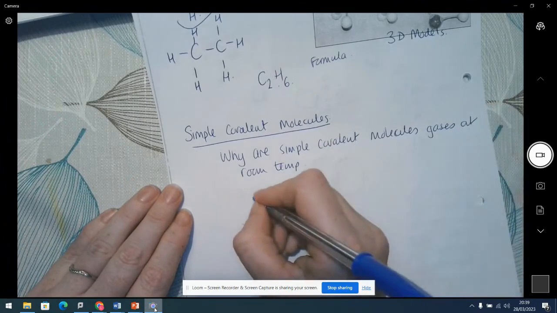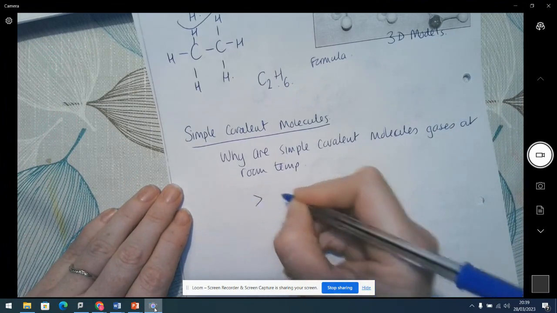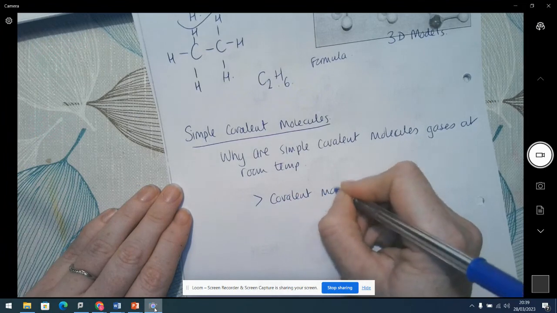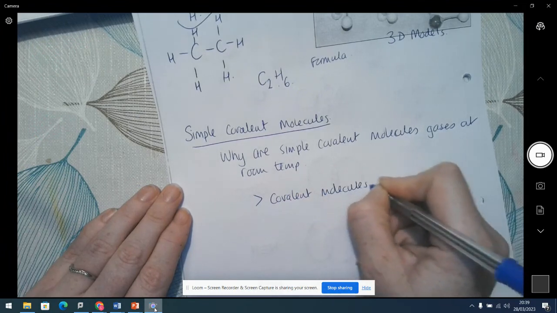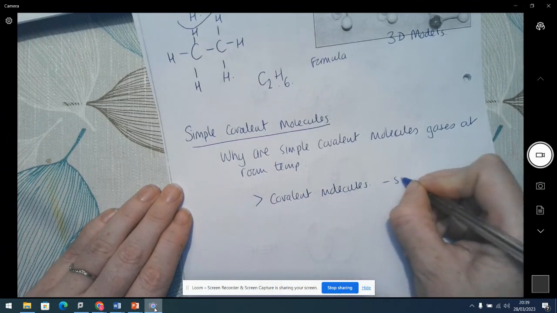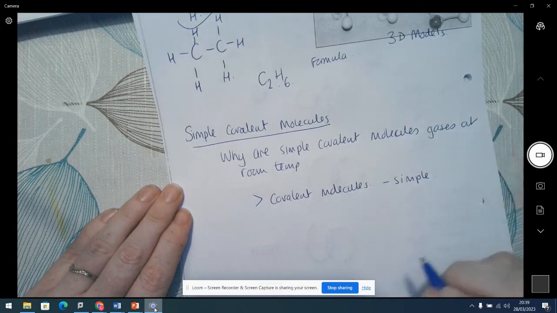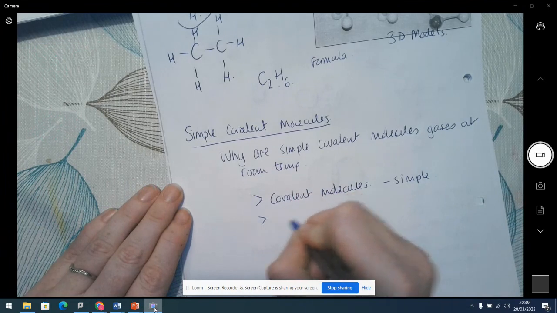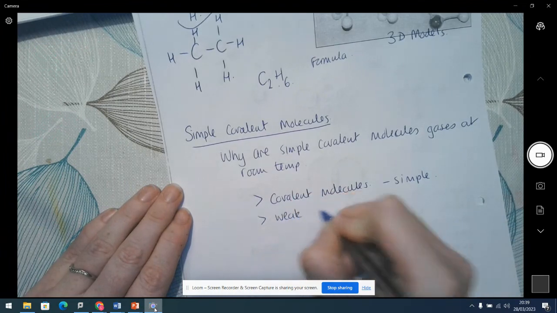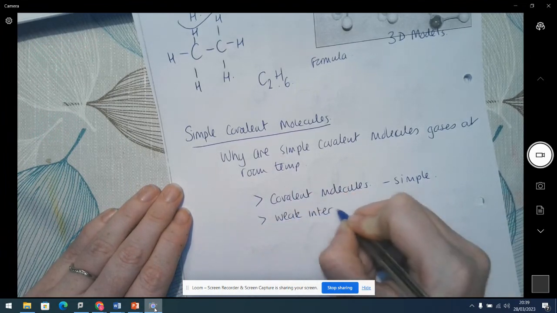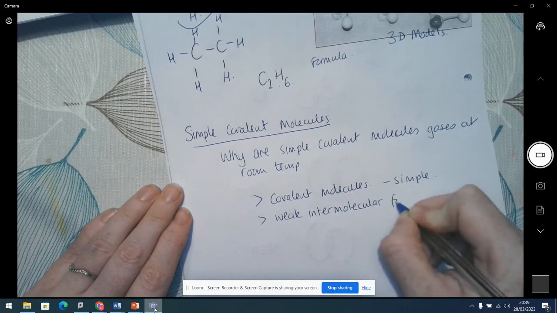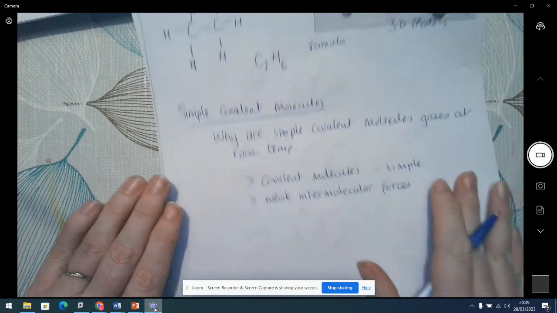Key things you need to say is, first of all, that we've got covalent molecules, and these are simple in terms of their structure. They have what we call weak intermolecular forces, and I'll draw a picture of what that means just to explain that to you.